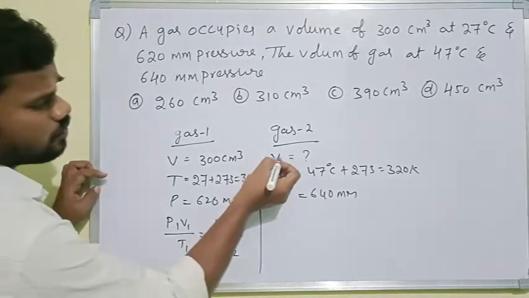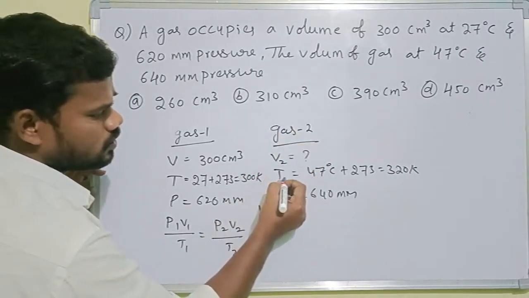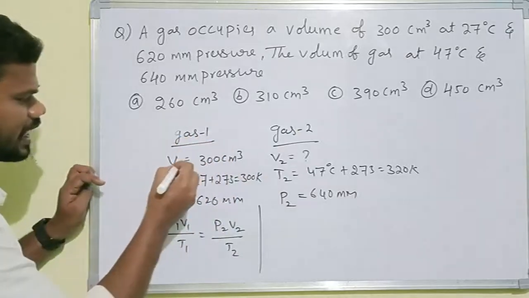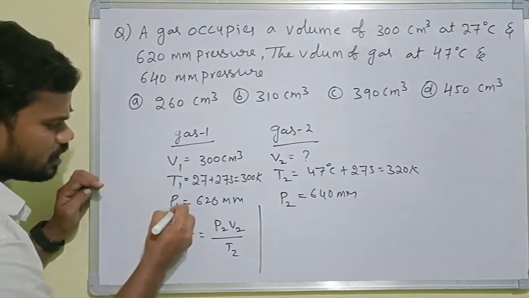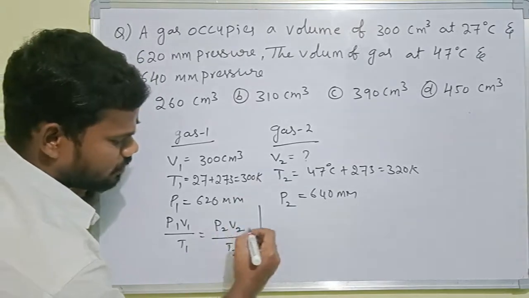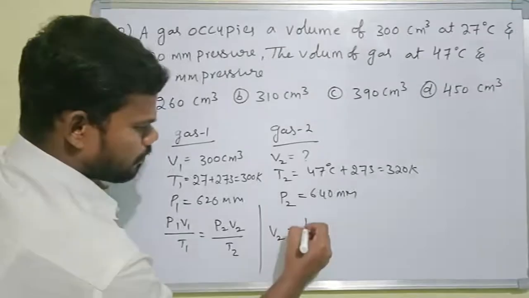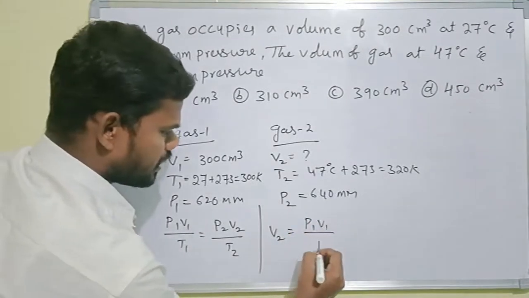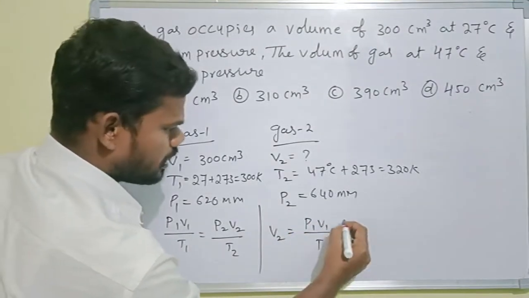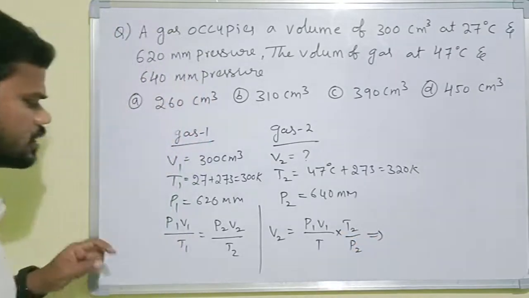The volume V2 of gas 2 only. Gas 1 means V1, T1, P1. So V2 equals P1 V1 by T1 into T2 by P2. You can substitute all these values.